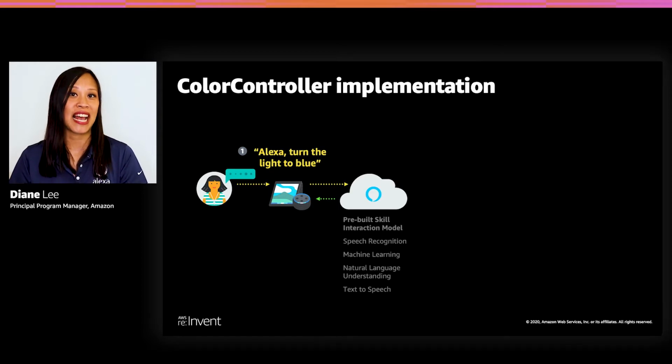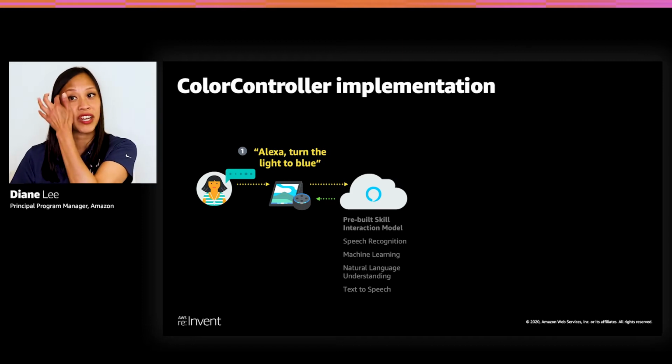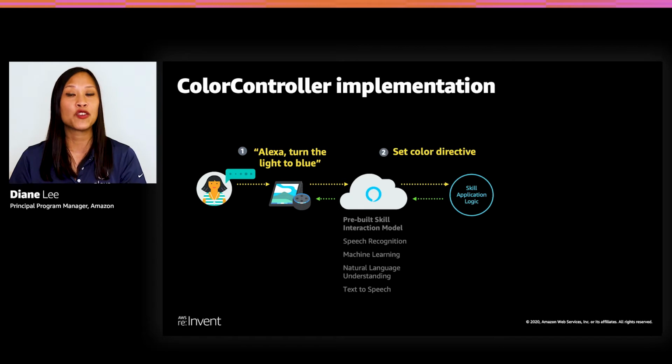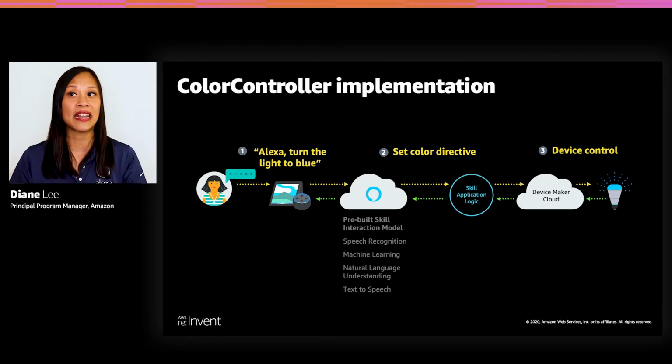Before we go into that, let us walk you through a high-level architecture of how Alexa works and processes a smart home capability. When a user says, "Alexa, turn the light blue," Alexa will process that utterance with our skill interaction model and trigger a directive to send to Lighthouse Inc. In this instance, Alexa will send a set color directive, and then Lighthouse Inc. will take that information that was given in the directive to control the device as the user requested.